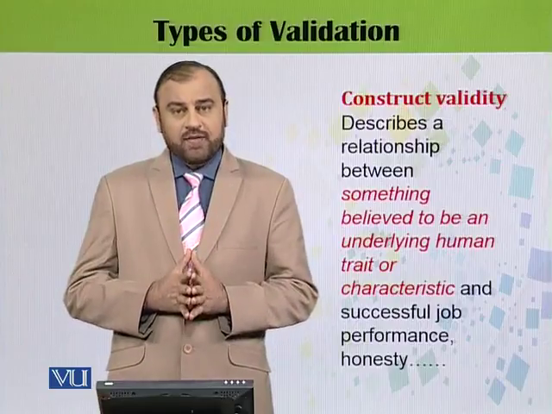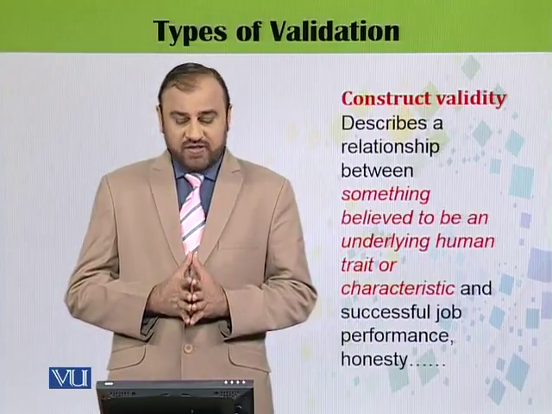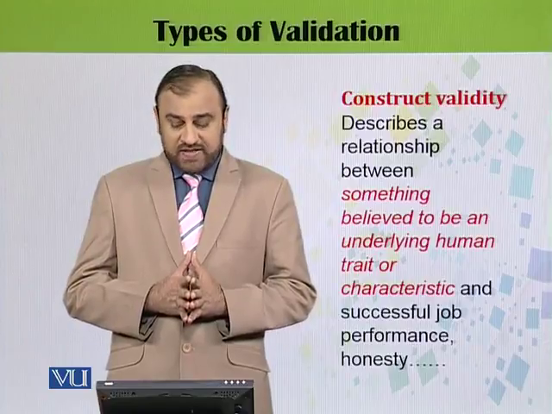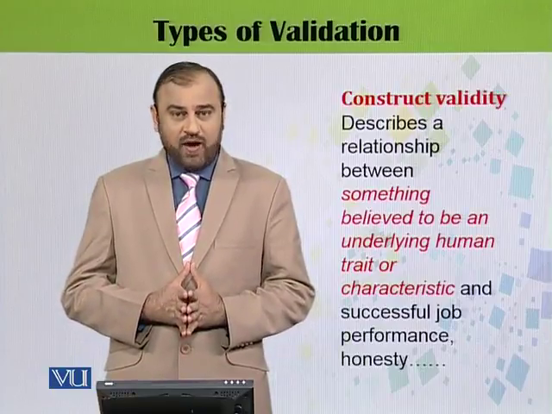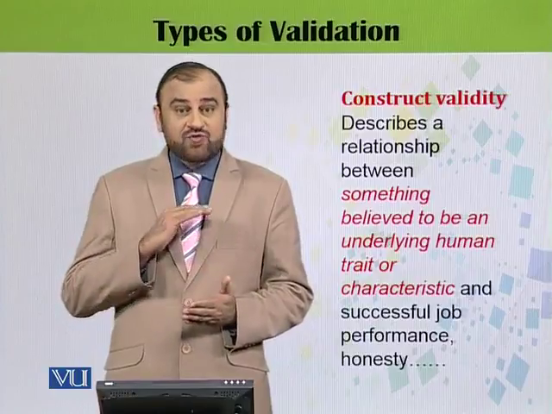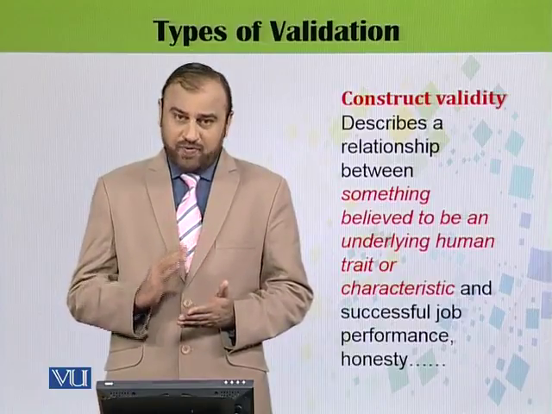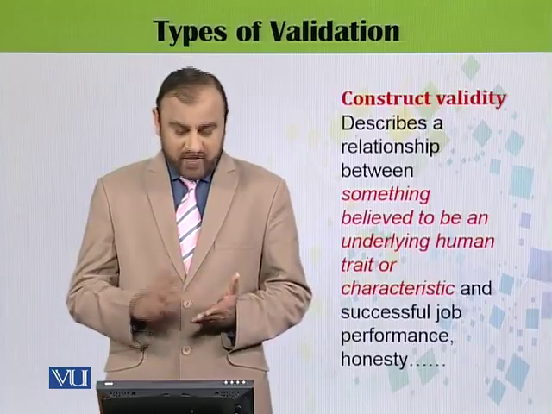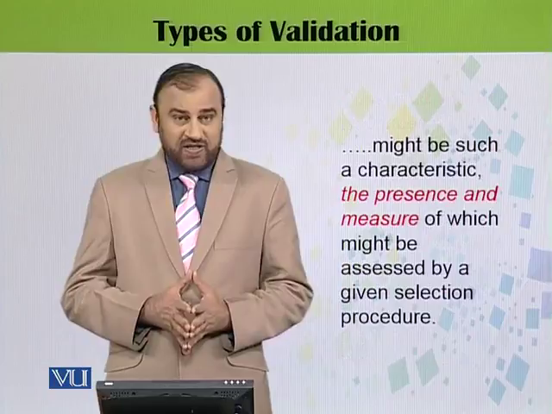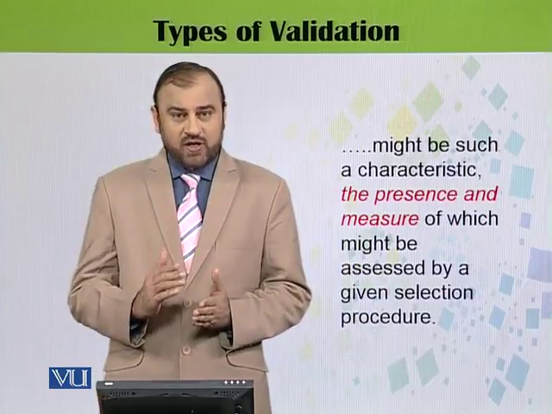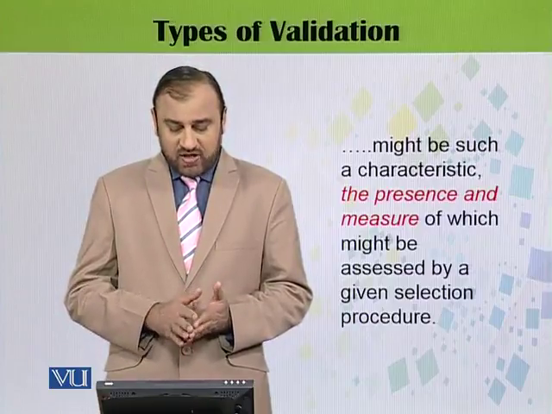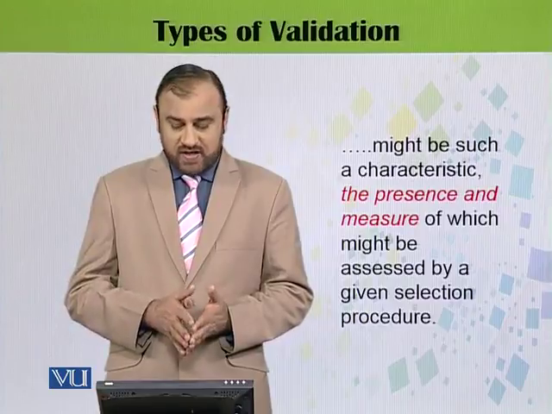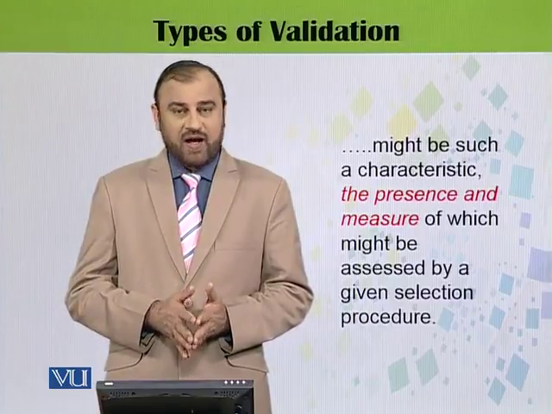Number three is called construct validity. It describes a relationship with something believed to be an underlying human trait or characteristic. This is very interesting: you have to determine the underlying trait or characteristic needed to perform a job successfully. For example, honesty might be such a characteristic: if you are honest, you would be a better accountant, you would be a better cashier in a bank. Honesty might be a characteristic whose presence and measure might be assessed by a given selection procedure.